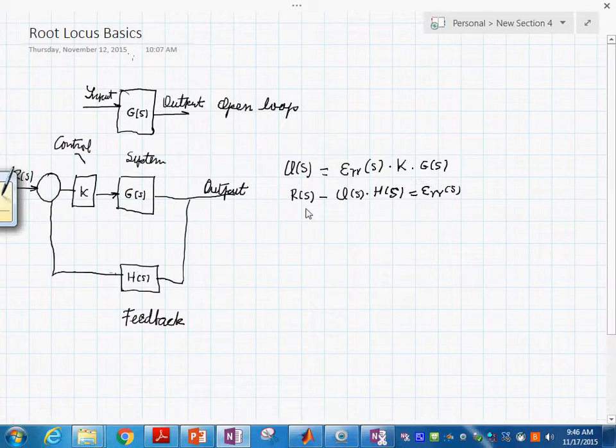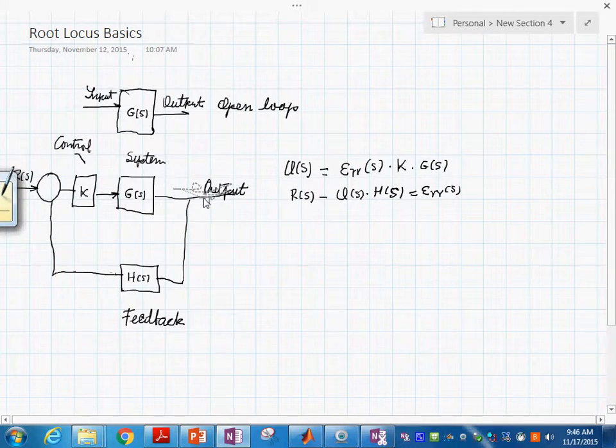If we want to have a relationship between this point that is the input and the output, then we have to eliminate this error of s and put it into this equation.